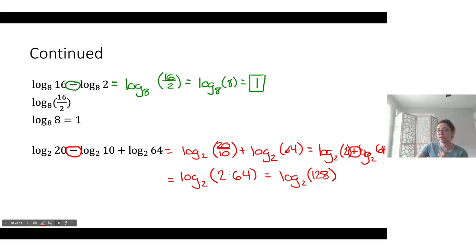So log base 2 of 128 is 7. Which is the same thing we would have gotten if we had converted this to 1 and 6. 1 plus 6 is also 7.